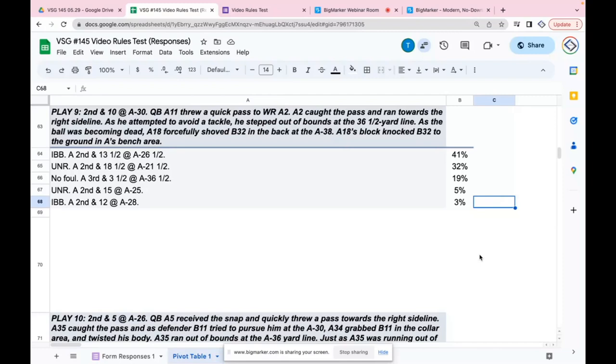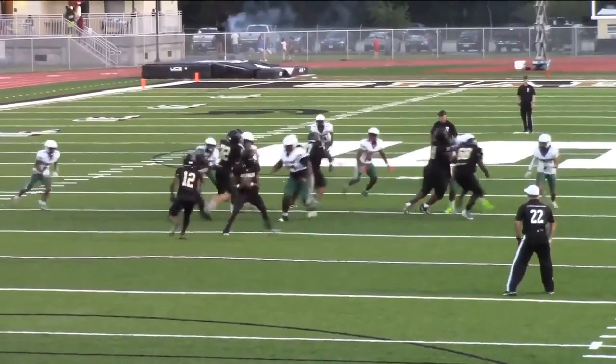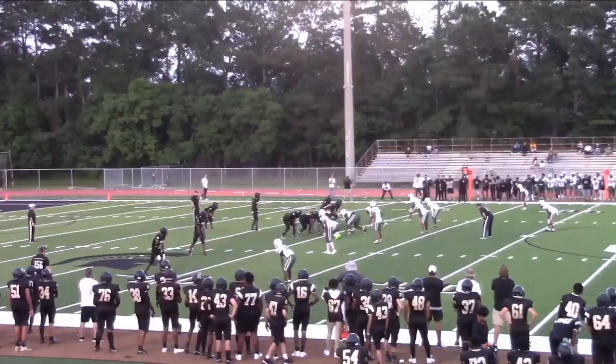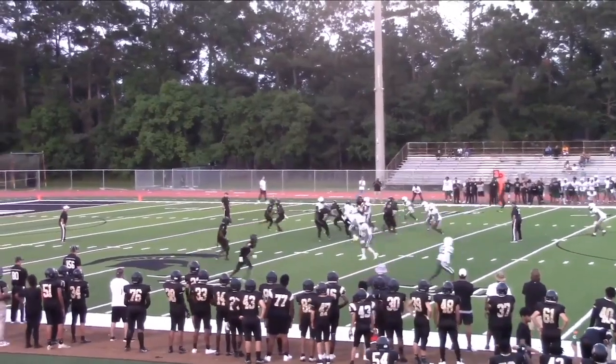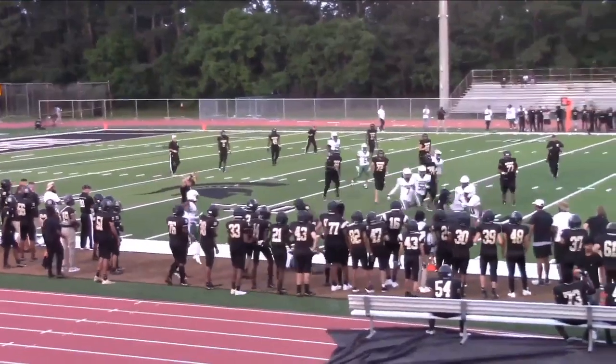It's almost a dead heat, but how do you differentiate between that? I'll go back to the video real quick while we talk about that. If you're determining action that would otherwise be a block in the back, there's a question as to when the ball is dead or not. For me, a block in the back has to be a guy getting blown up, just standing there, from behind.